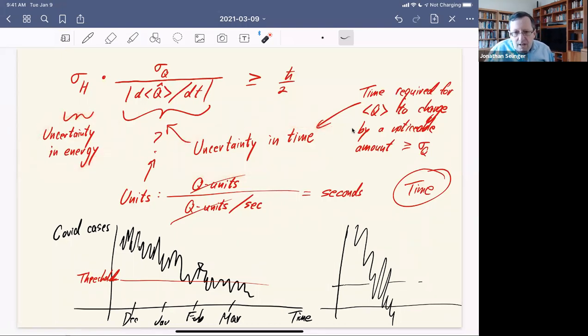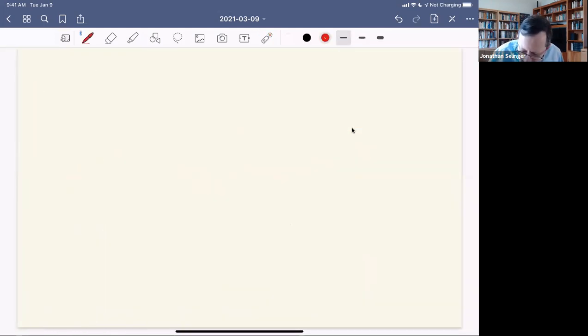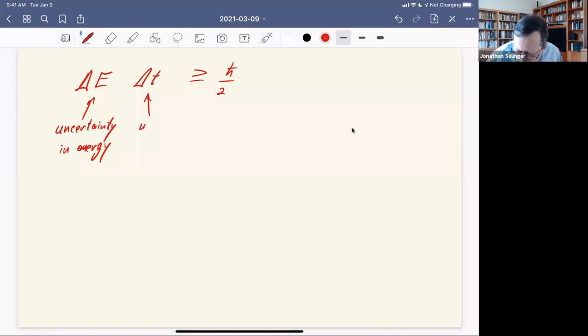So this relationship is showing a relationship between the uncertainty in the energy and the uncertainty in the time. And so people sometimes write that as delta E times delta t is greater than or equal to h bar over 2. Here, this is the uncertainty in energy and this is the uncertainty in the time.